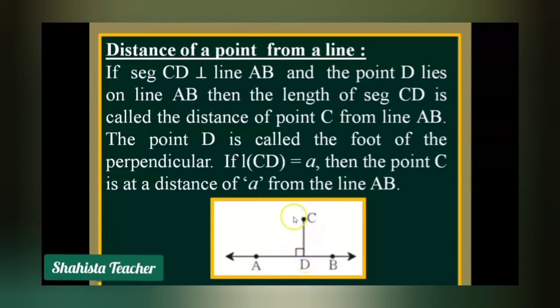So we can say that length of CD is equal to A. Then the distance of the point C from the line AB is A. If we consider that this CD is A, okay, we can take any number also. So CD is 2, that means distance from AB to C is 2 centimeter. Here we have considered A. So students, in this way we learn distance of a point from a line.